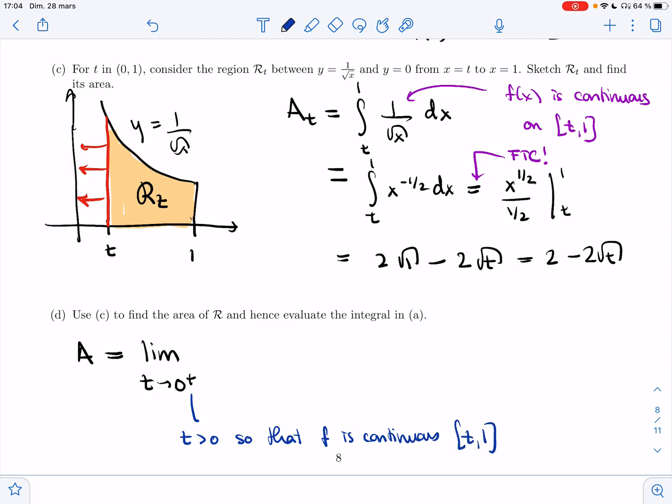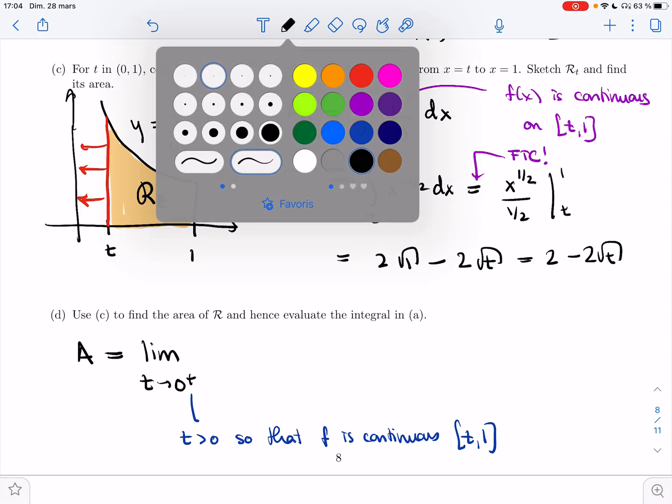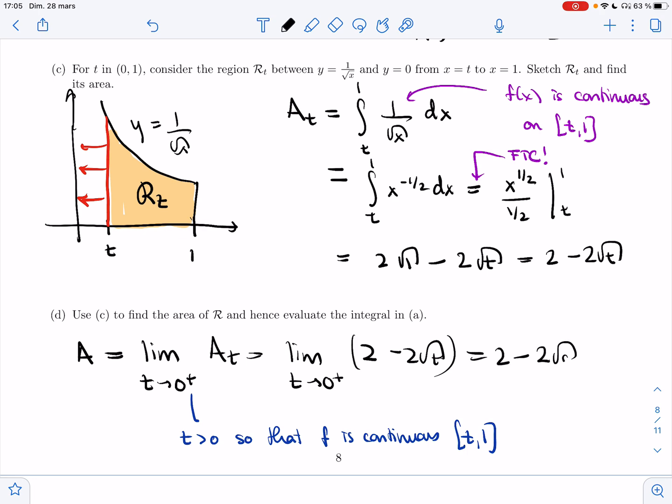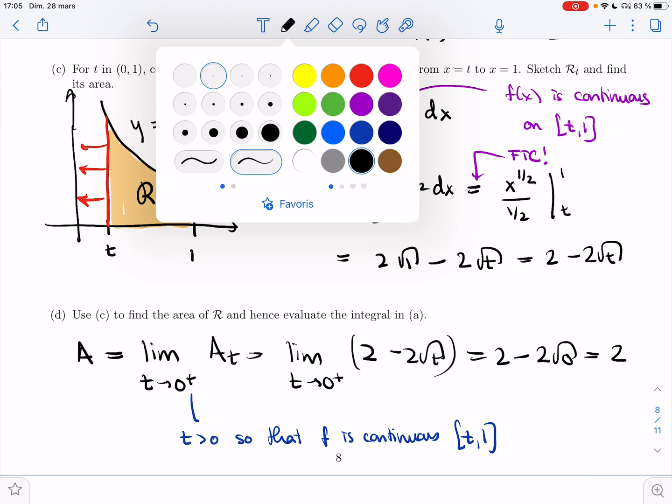So I don't want my interval to still have a discontinuity, so I need to take t bigger than 0. That's why I'm going to approach from the right. So the limit as t goes to 0 plus of 2 minus 2 root of t, and so I get 2 minus 2 root of 0, I get 2.